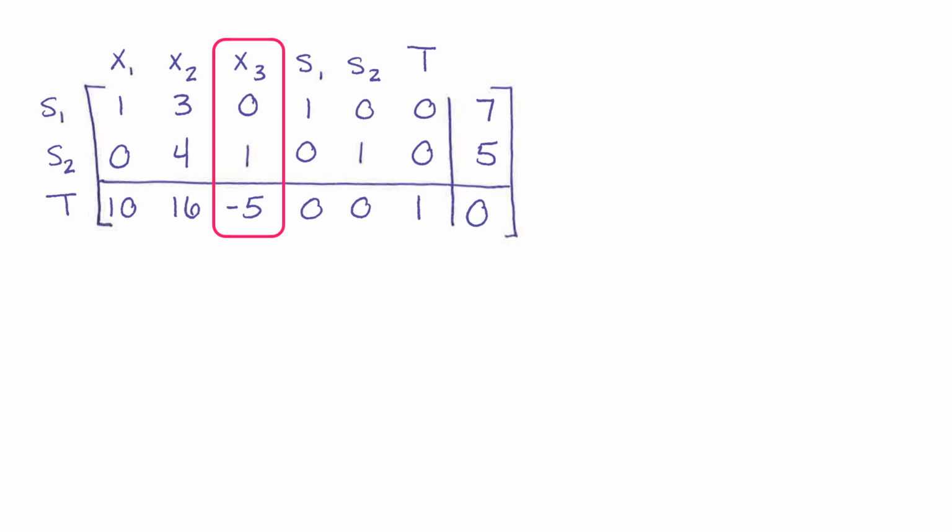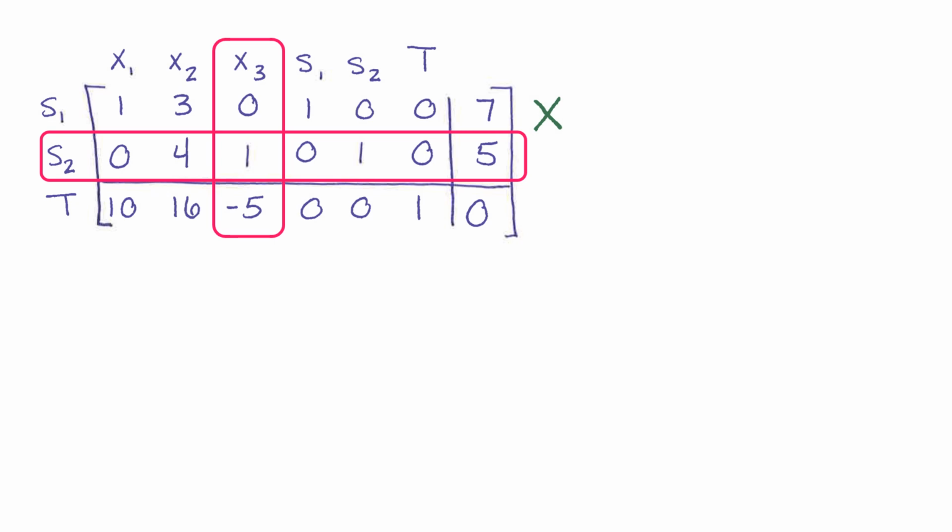Now, in that pivot column, we have a 0 and a 1. So the 0 in row 1 automatically disqualifies it as a pivot row. So row 2 is our pivot row. The pivot element is already a 1, so I just need to get zeros in the rest of the column. So I already have a 0 in the position that I need in column 1 in row 1.